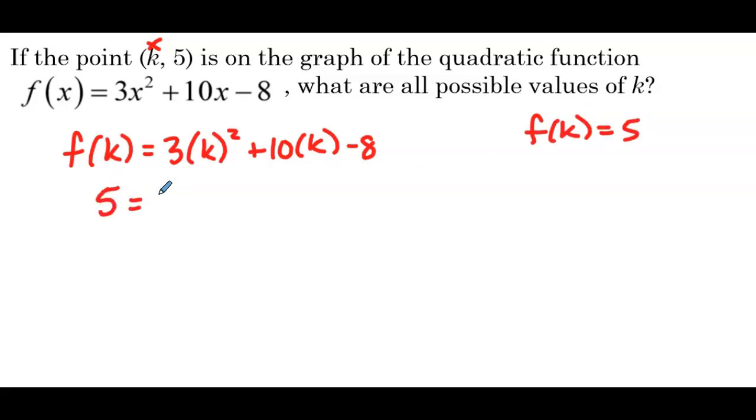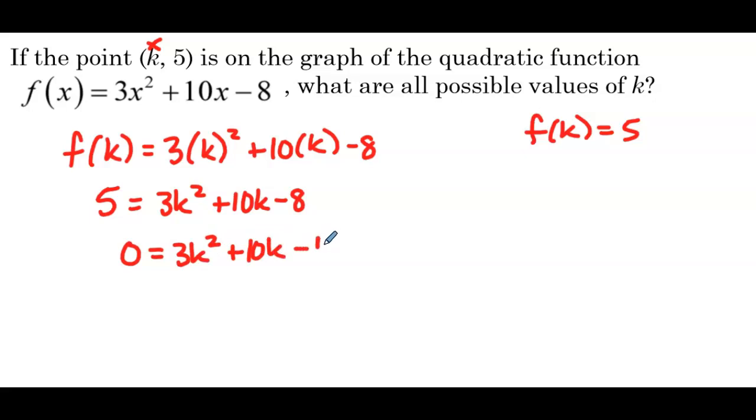So we have 5 equals 3k squared plus 10k minus 8. Well, we wound up with a quadratic equation by substituting k and 5 in. So we need it equal to 0. So 0 equals 3k squared plus 10k minus 13.